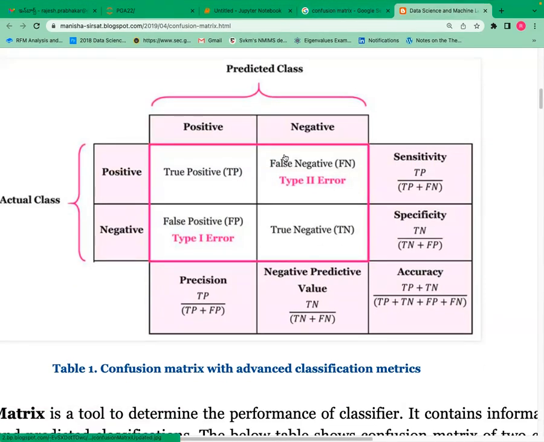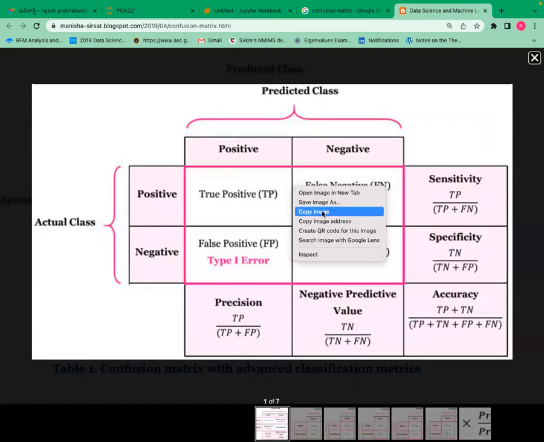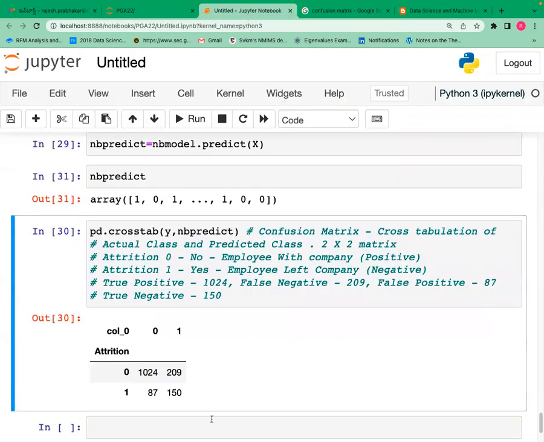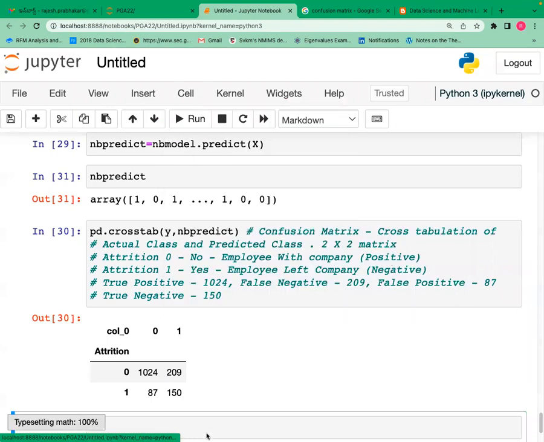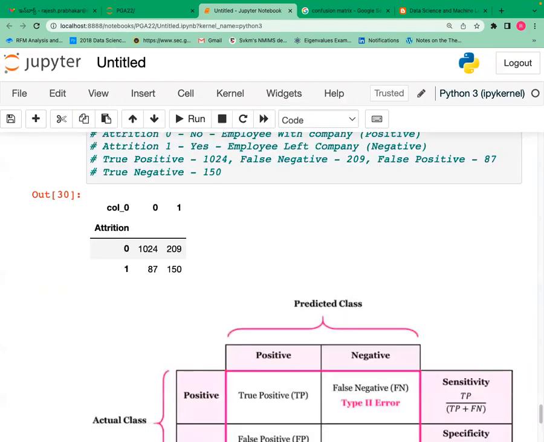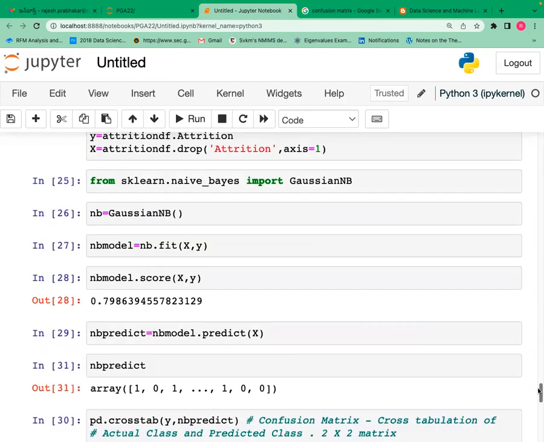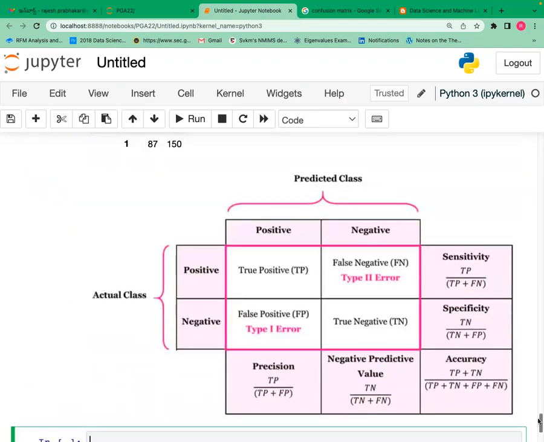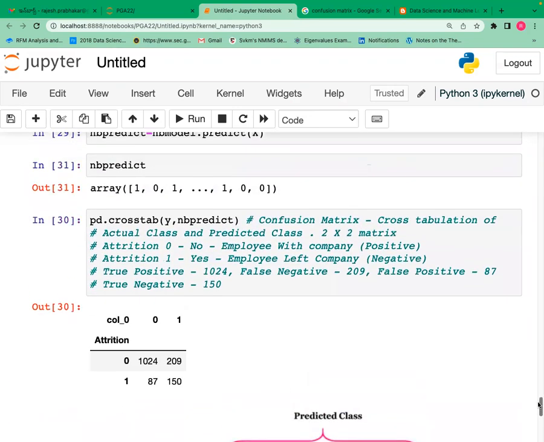So you have to find out which is positive and which is negative, and then decide accordingly. So 1024 plus 150 divided by all gives you the accuracy.